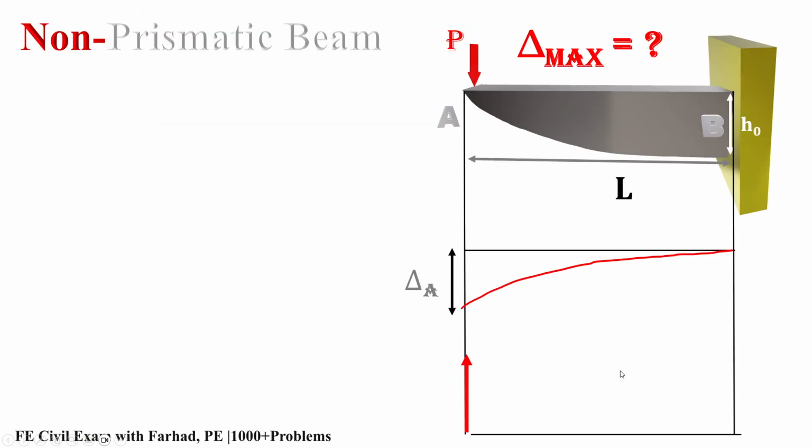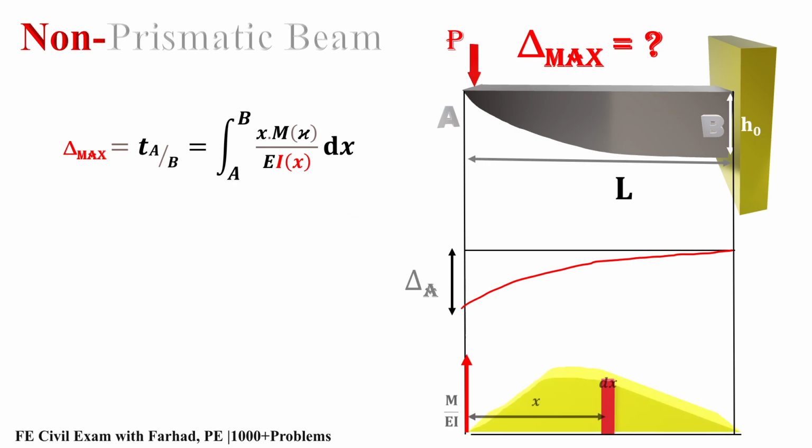How can we solve that? For a non-prismatic beam, delta maximum comes from this equation, which is extracted from applying the second moment area theorem.